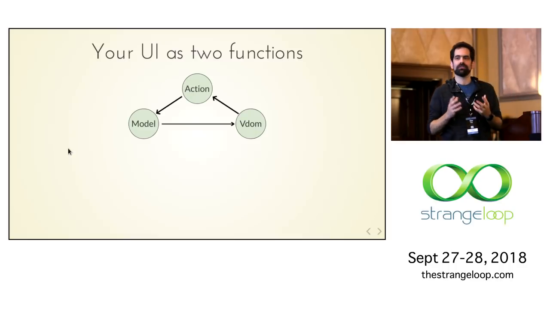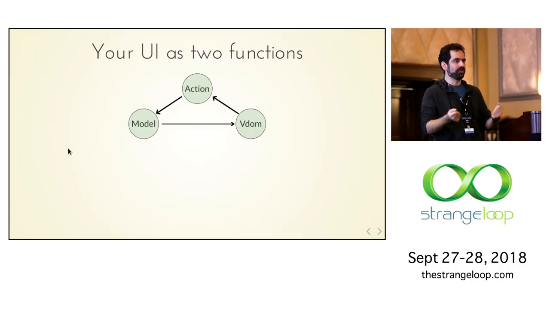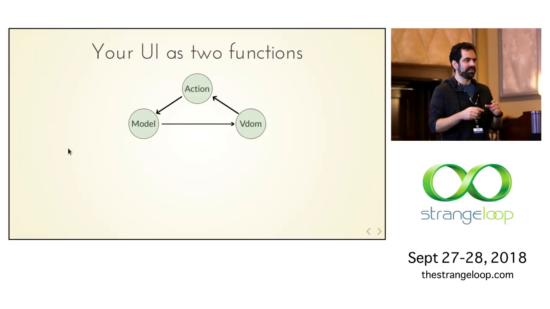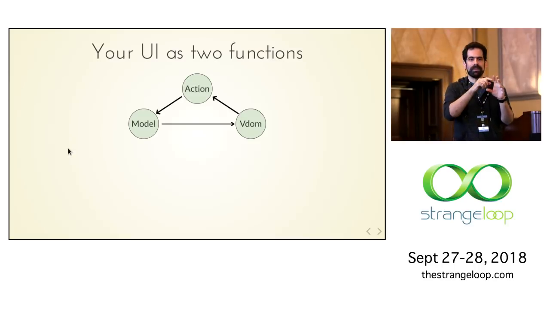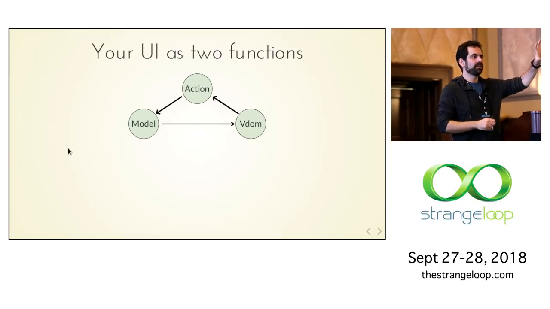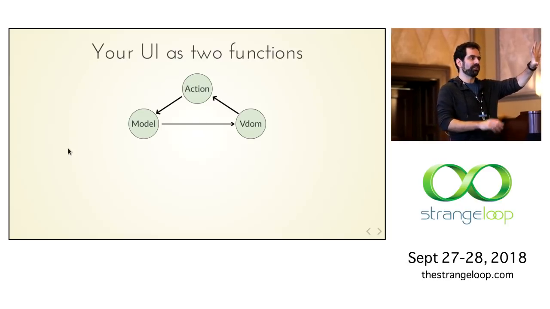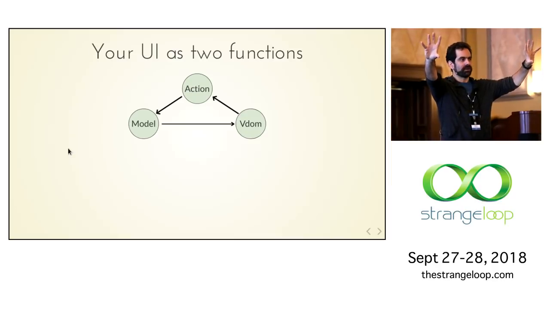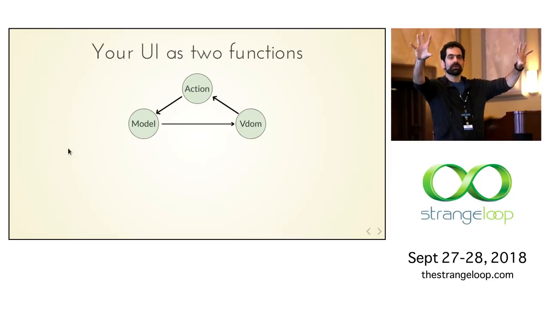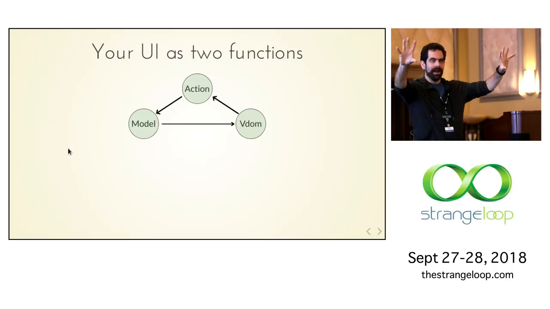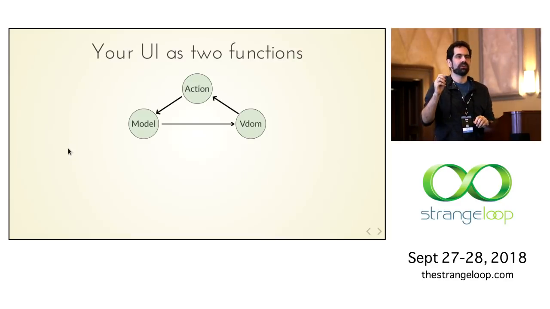And then the action represents state transitions, updates to your model. The arrows in the diagram represent the basic flow through which this application goes. So you start out with a model. You apply what we'll see is just a simple function from your model to produce the virtual DOM that you want to display. The virtual DOM contains within it callbacks to be registered with the DOM, which are essentially used to trigger actions.